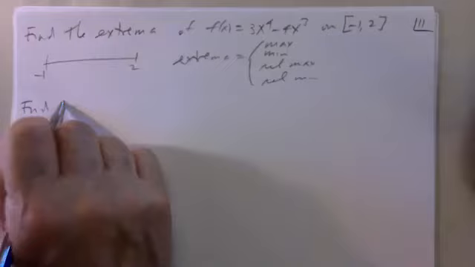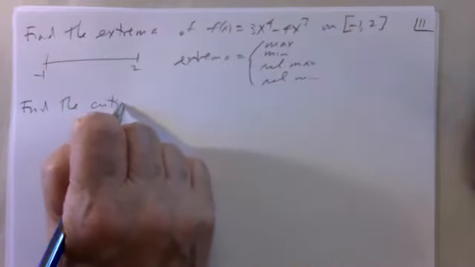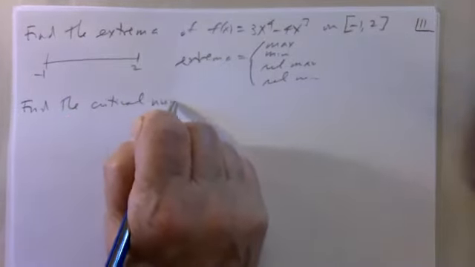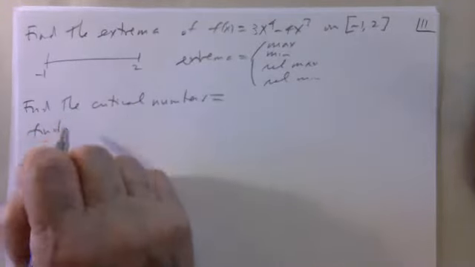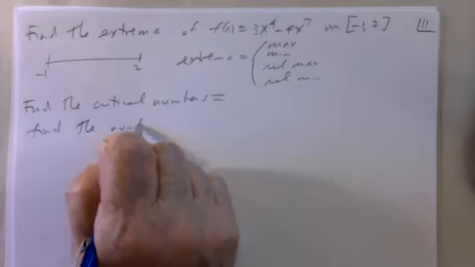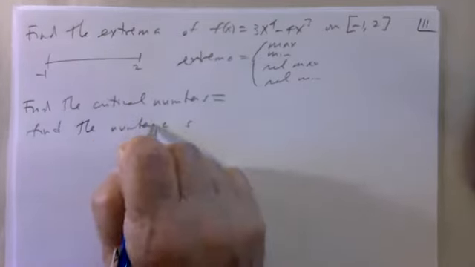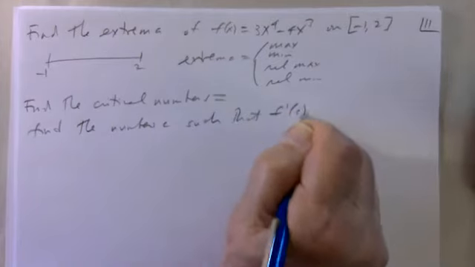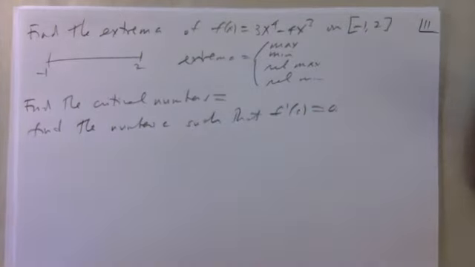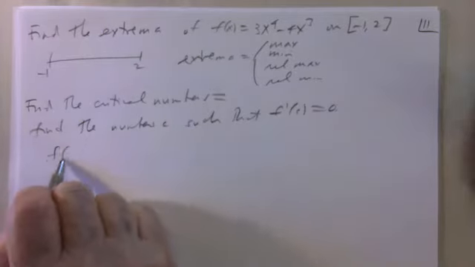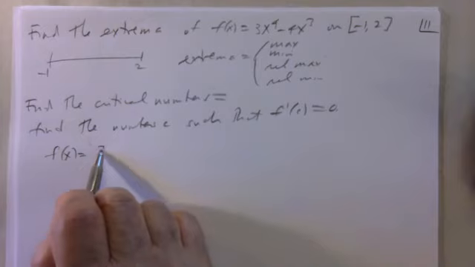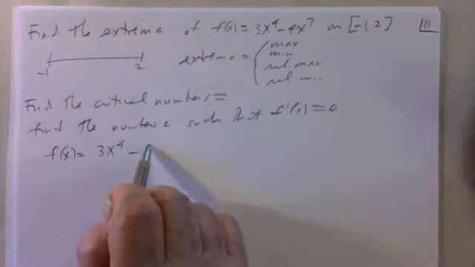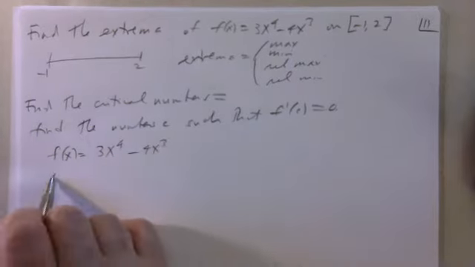So when you find the critical numbers, this means find the numbers c such that the derivative of f at c is 0. Well, f of x is 3x to the 4th minus 4x cubed.